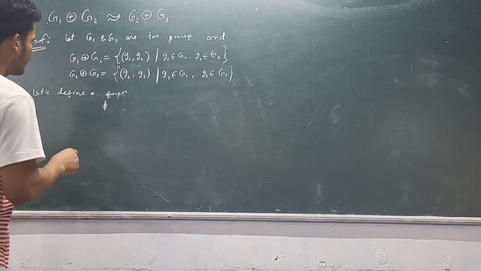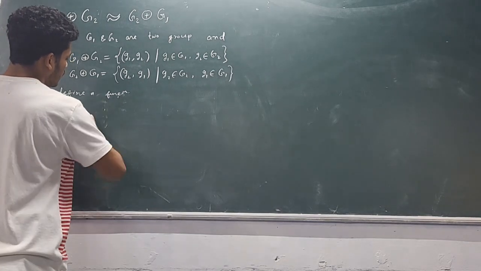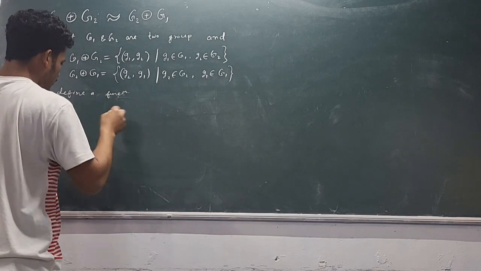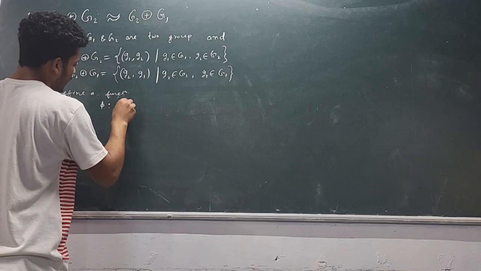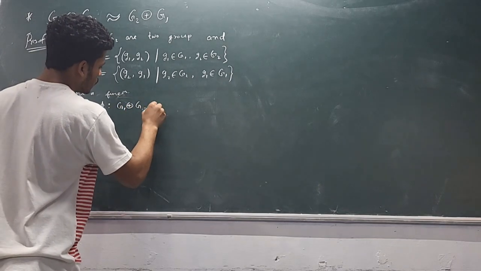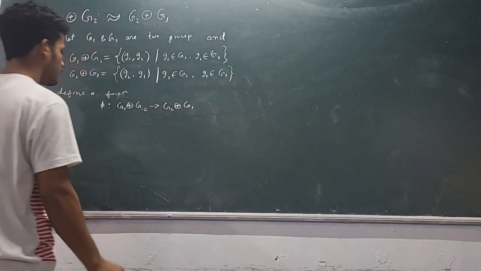Phi from G1 external direct product G2 to G2 external direct product G1.